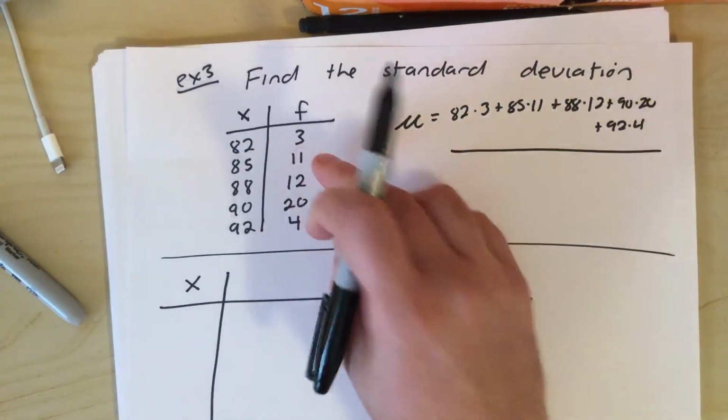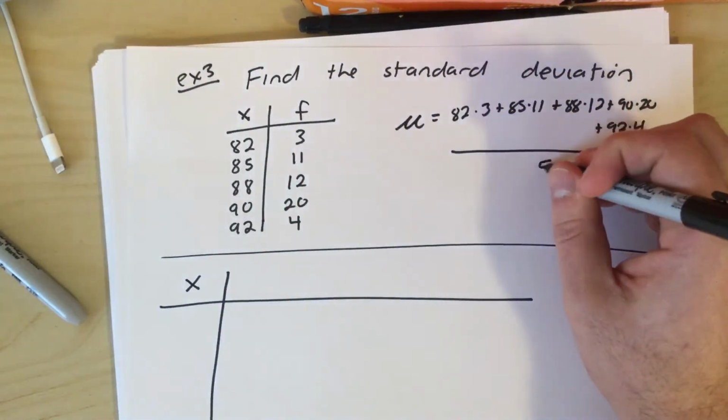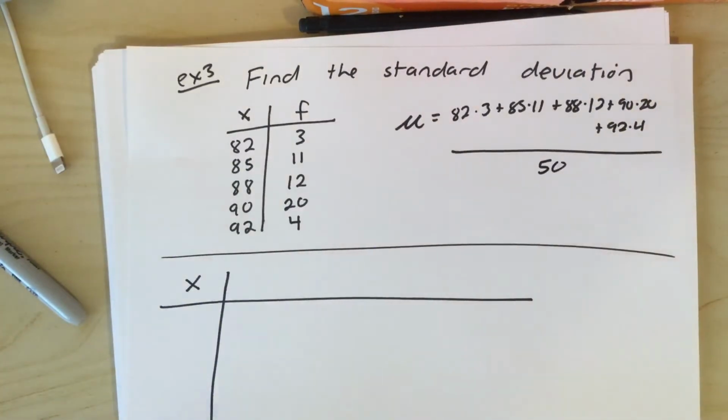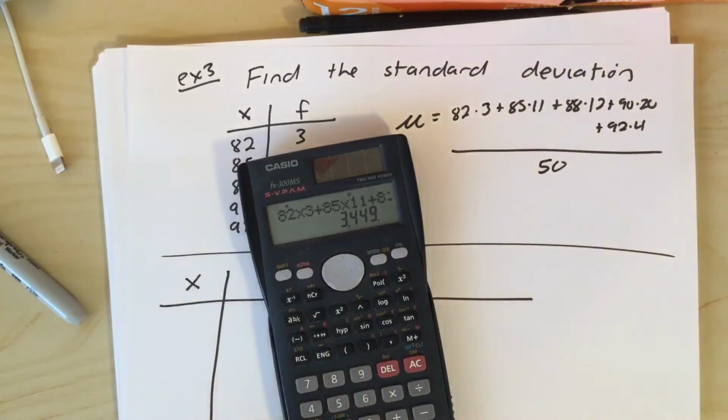32, 46, 50. So that's going to be 82 times 3, 85 times 11, plus 88 times 12.